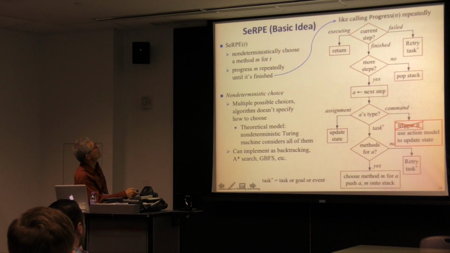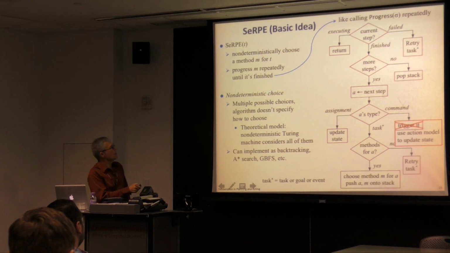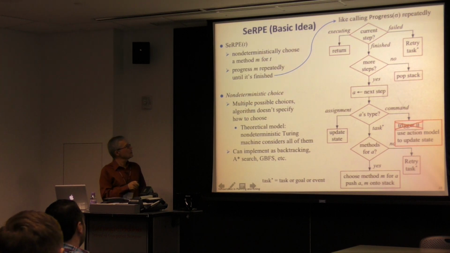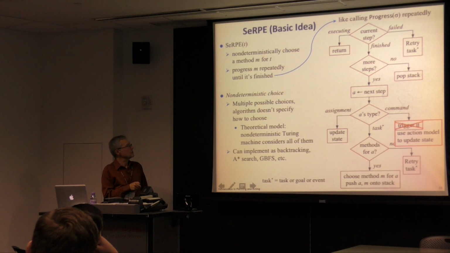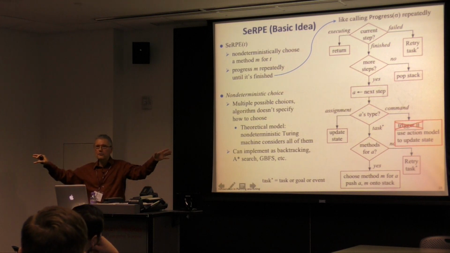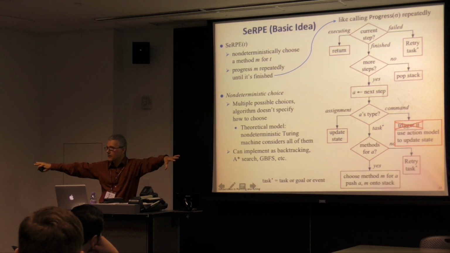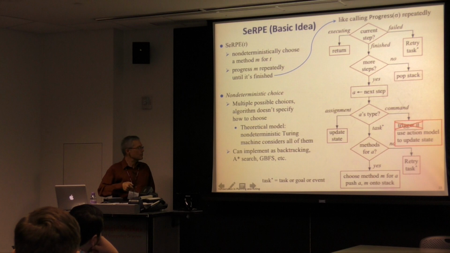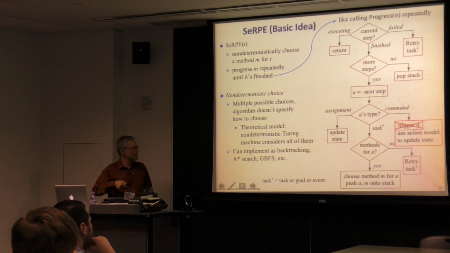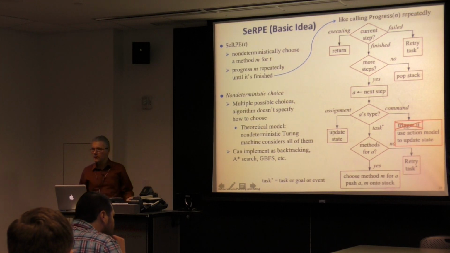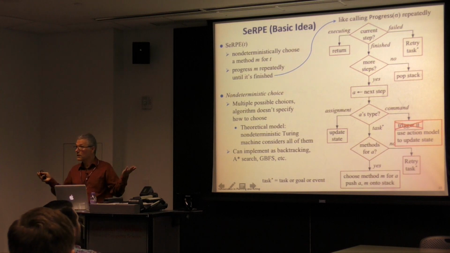Oh, sorry, I went too far. So the theoretical model for that would be you have a bunch of possible choices. The algorithm doesn't specify how to choose them. And you could consider the idea of having a non-deterministic Turing machine that's going to look at all of them in parallel. But if you implement that as a deterministic algorithm, then you could use backtracking, you could use A-star, you could use a bunch of other things. Okay?